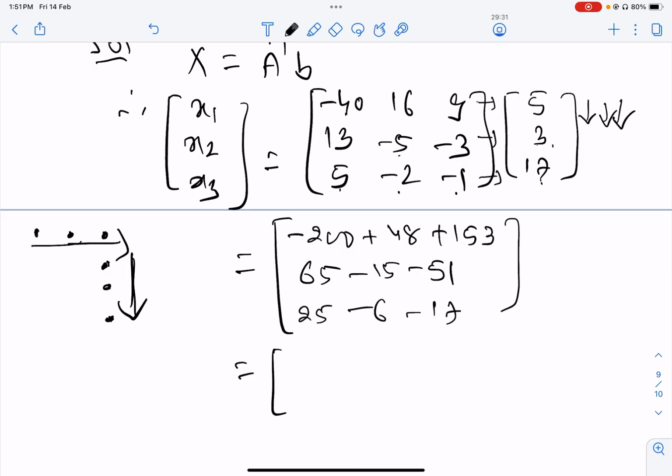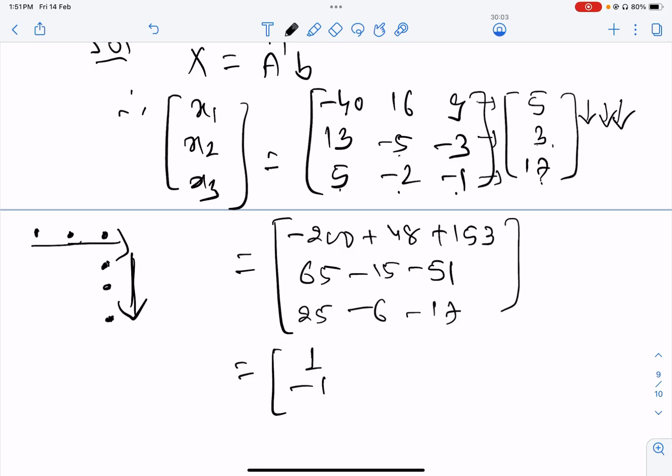And so this is equal to, now 153 plus 48 is equal to 201 and minus 200. So this is 1. Then 65, then minus 15, that is 50. 50 minus 51, so it is minus 1.